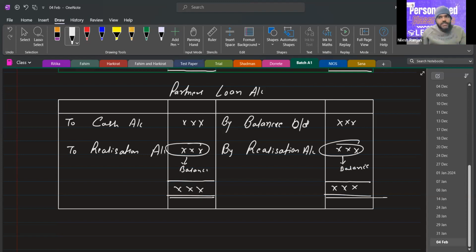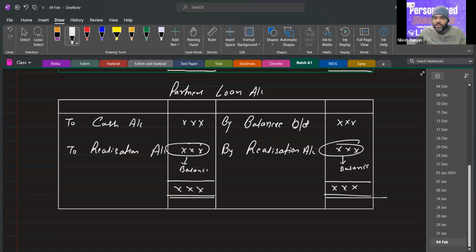Now, after this, we have completed the partner's capital. The last one is the cash account. It will be prepared in the last. There is a feature that will verify whether your answer is correct or not. Generally it matches, but sometimes it will not match and it will show that your answer is incorrect.